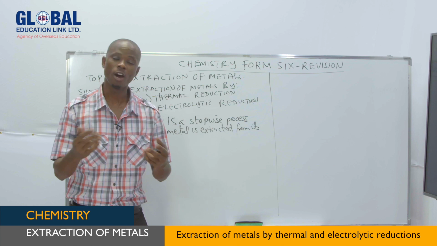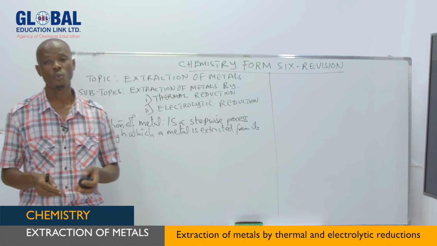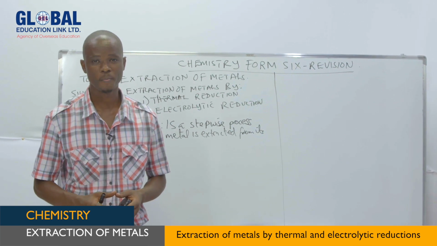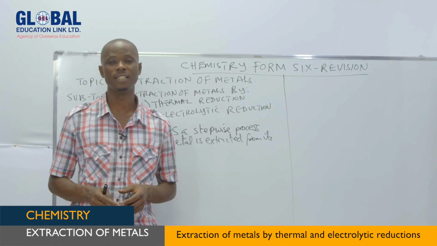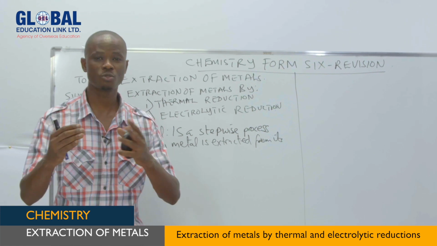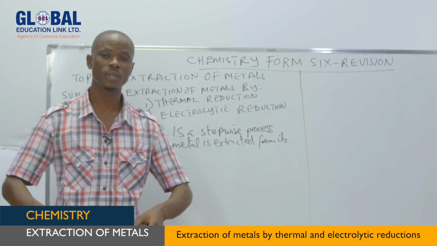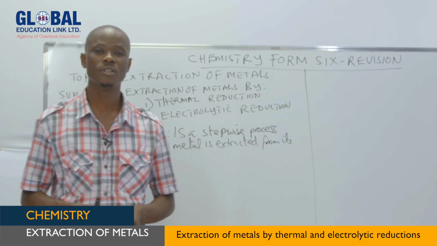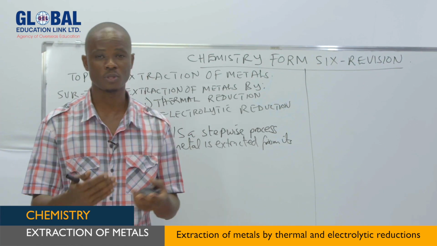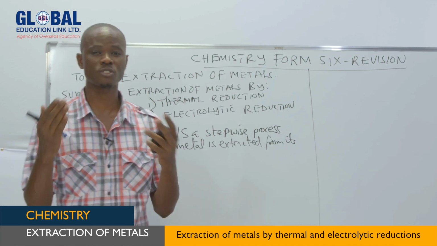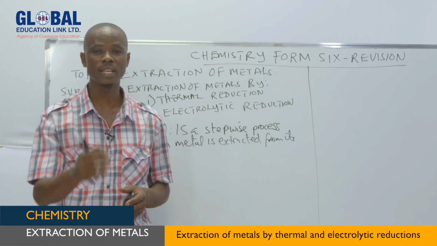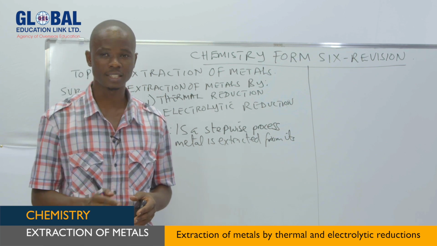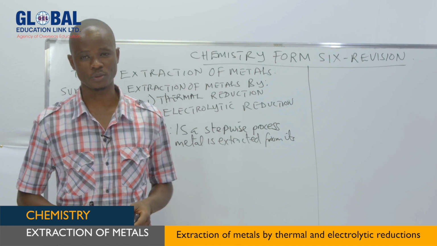Now, my dear students, from there we can proceed to discuss how to extract the metals. I hope that you have studied this in class. We are just doing a revision so that we can solve different problems. Now, there are general steps that can be used to extract a metal.